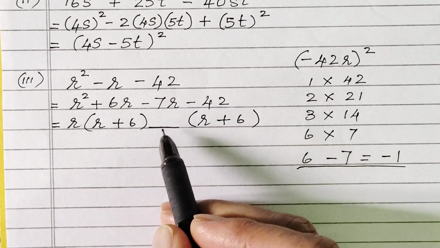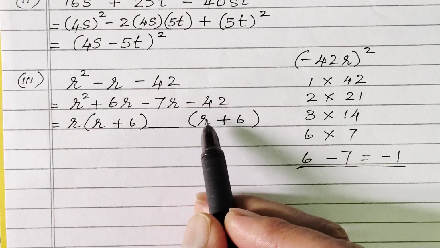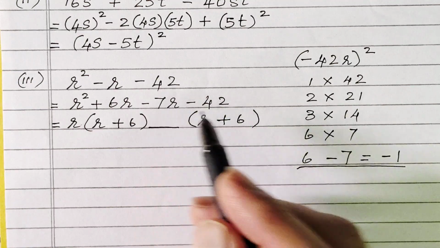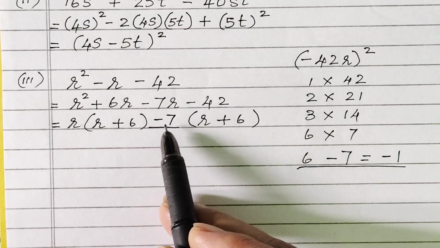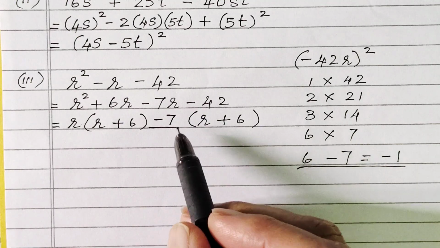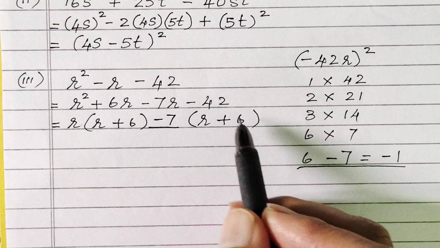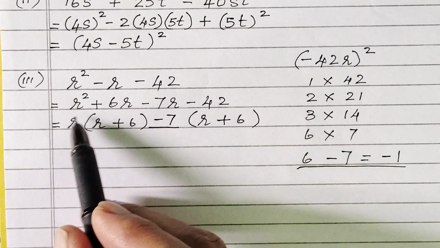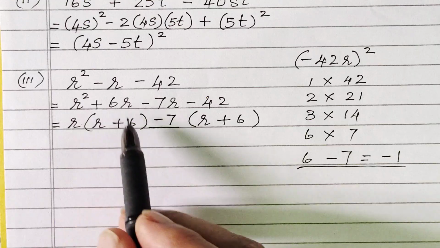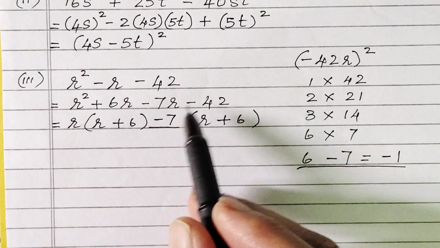Now I have to fill the gap so that when I multiply these two, I shall get minus 7r. I will fill it with minus 7. So minus 7 into r is minus 7r. Minus 7 into plus 6 is minus 42. Now again there are two terms here, r into r plus 6 minus 7 into r plus 6.